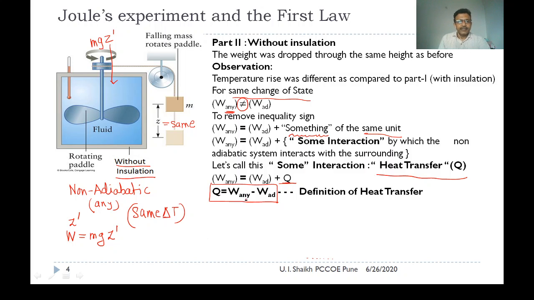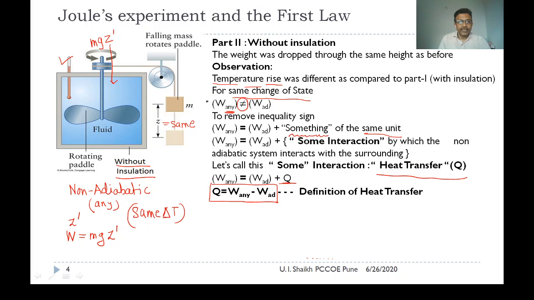Note that while defining heat transfer, we have not mentioned temperature. So it is absolutely possible to define heat transfer without mentioning temperature at all. Now some students may think that we have measured the temperature with the help of the thermometer, and we have mentioned the temperature rise in the procedure of this particular derivation.